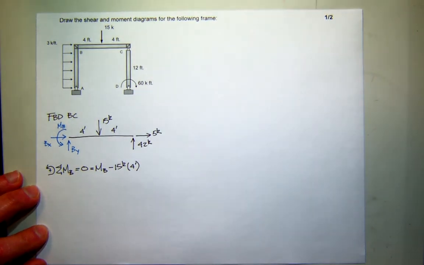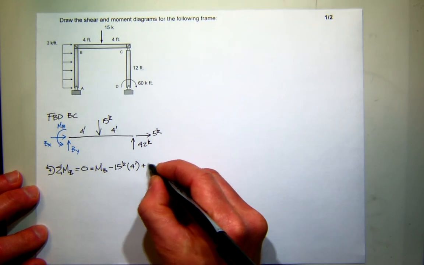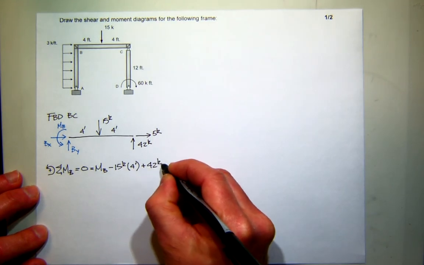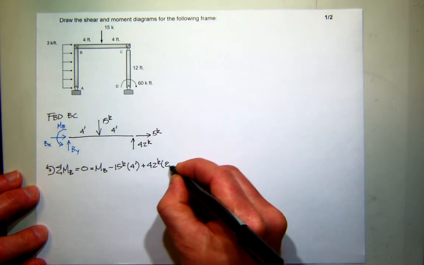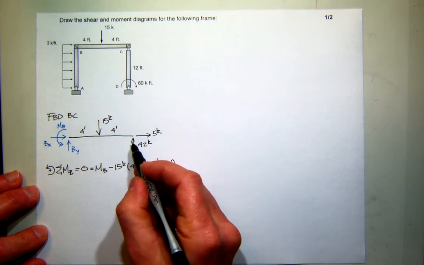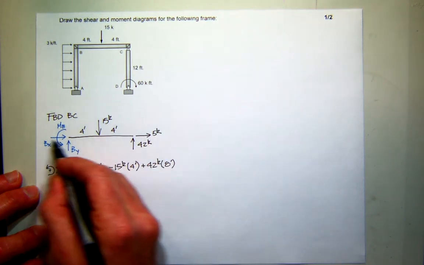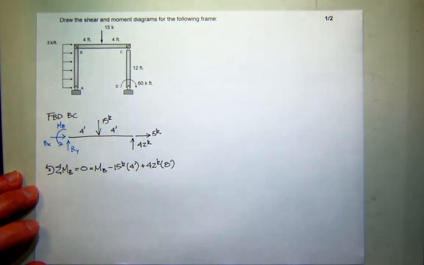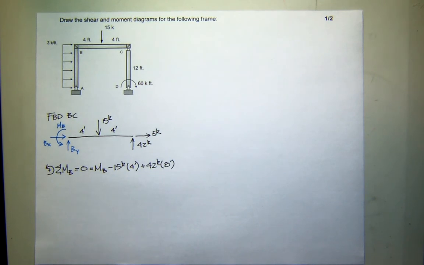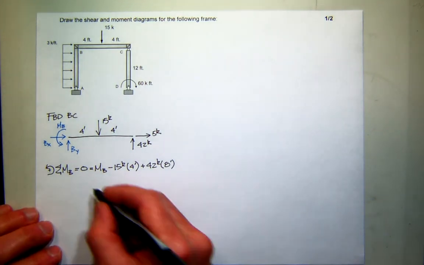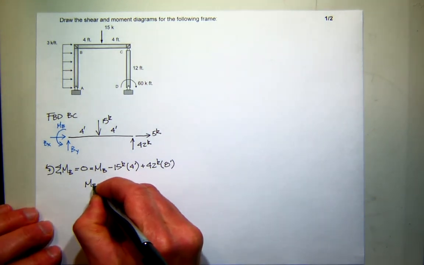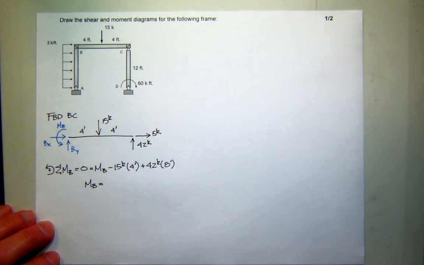What about this 42 force? Positive or negative? Positive. So 42 kips times a moment arm of 8. And of course, CX passes through that point, concurrent at B, so it creates no moment. So we should be able to find the moment here. It looks like it's going to be a large negative number.